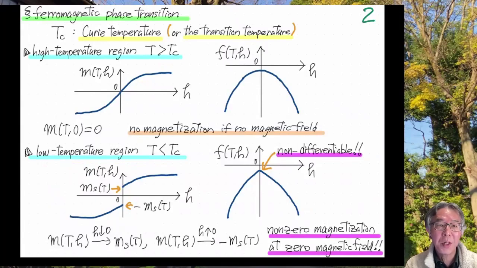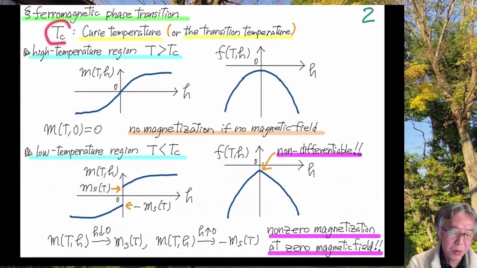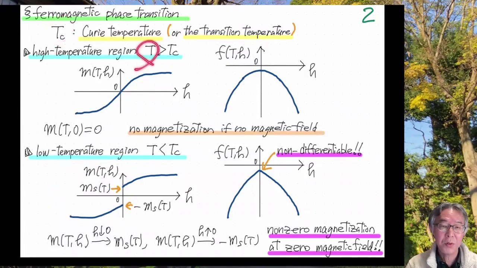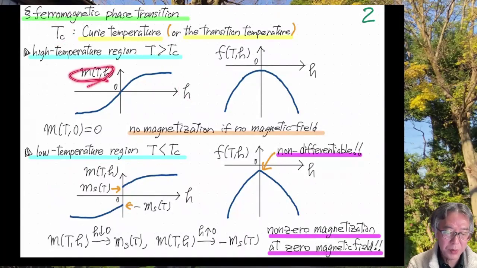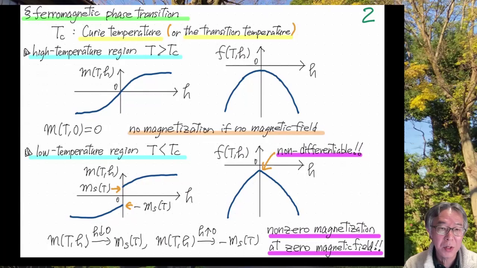In a ferromagnetic system, we learned from experiment that there is a phase transition at a special temperature called the Curie temperature or the transition temperature, which is denoted as Tc. Now, fix the temperature to be above Tc and vary only the magnetic field and measure this magnetization density. Of course, if you apply a positive magnetic field, then this wants to be positive.